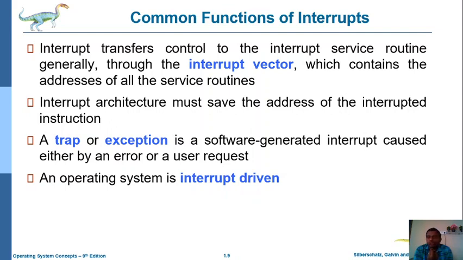Now we observe some common functions of the interrupts. While performing interrupts, what are the common functionalities? As we just discussed, an interrupt sends a control signal to the operating system, and that control signal is used to perform a specific process.